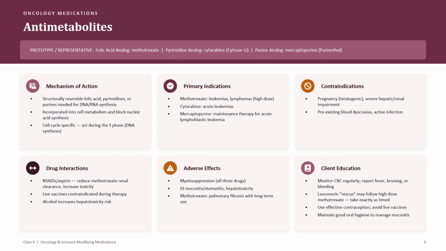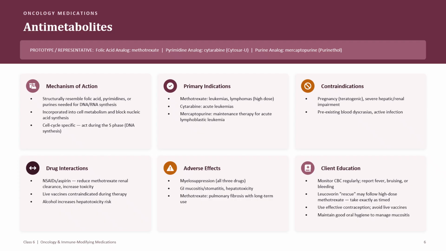And we also don't prescribe this medication for active infections. It can't distinguish between good cells and bad cells. So if your patient is already fighting off an infection, and the immune system is already trying to fight off whatever is causing it, we're not going to throw something in there that's going to wipe away whatever defense they have left from trying to fight off an active infection.